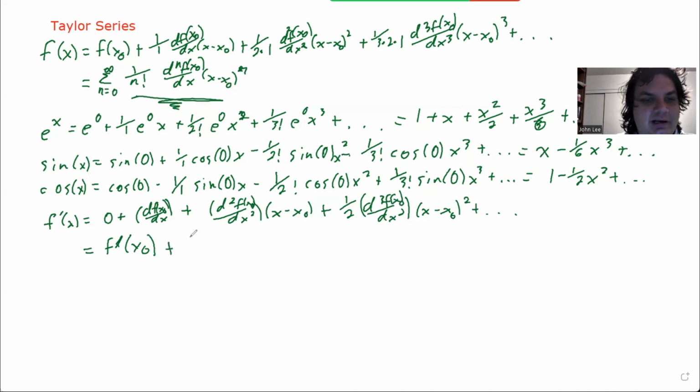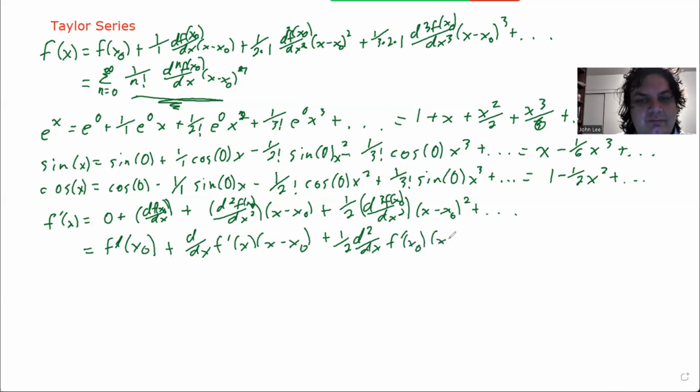plus d dx of f prime of x naught times (x minus x naught), plus 1/2 d squared dx squared of f prime of x naught times (x minus x naught) squared, which, if you look at it, you'll realize is just the Taylor series for the derivative of the function.